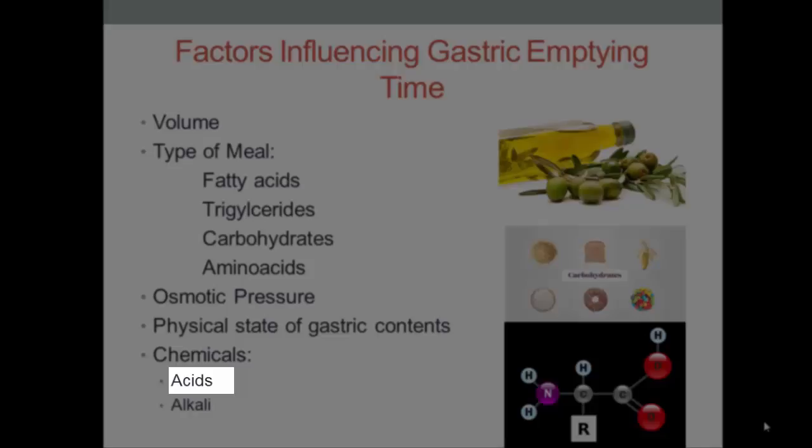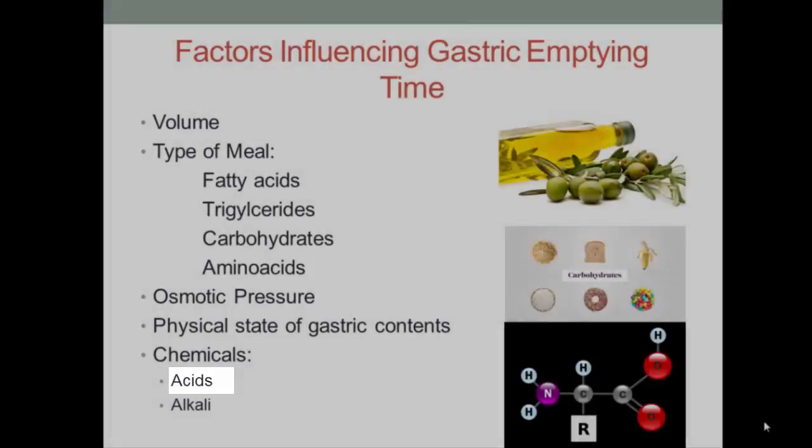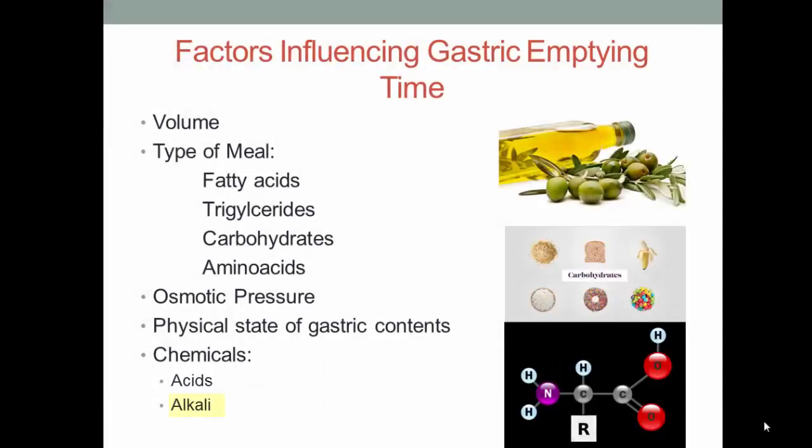Alkali, like sodium bicarbonate, is fine in lower concentration, so it increases the gastric emptying. But when around 5% of it is present in the stomach, then it may reduce the gastric emptying time again.